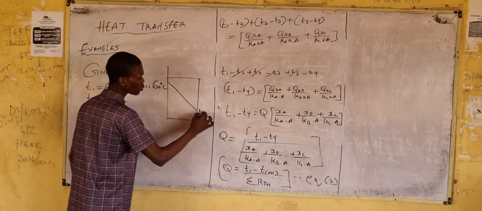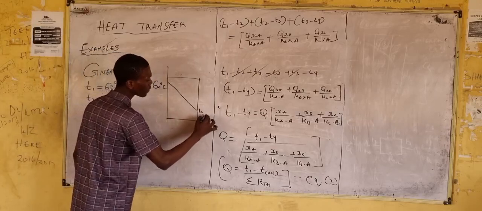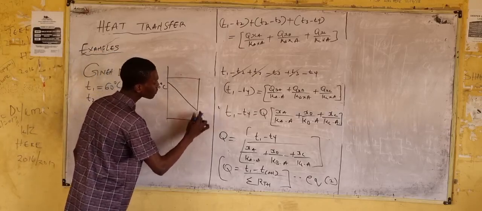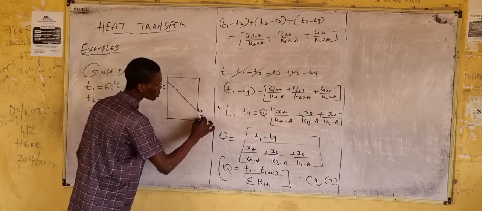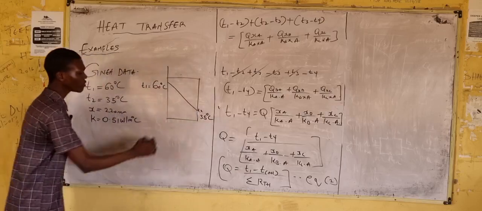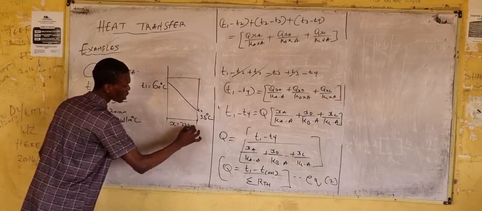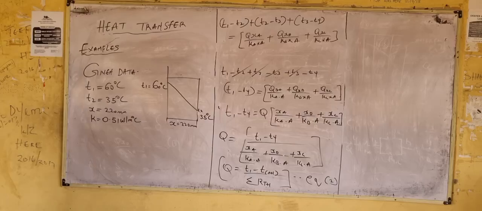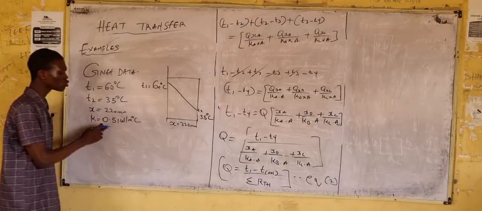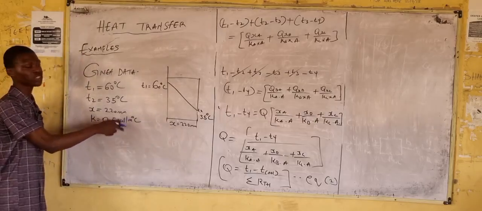This is T2, at 35 degrees Celsius. You are given the thickness to be 220 mm. You are given K to be 0.51 watts per meter degree Celsius.